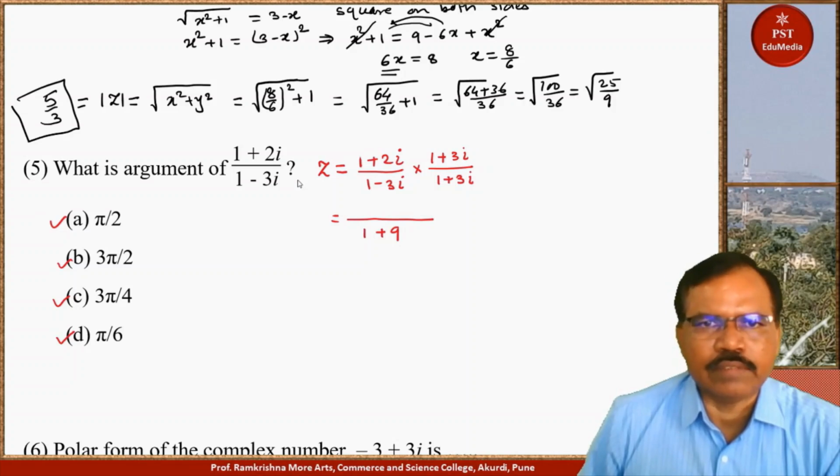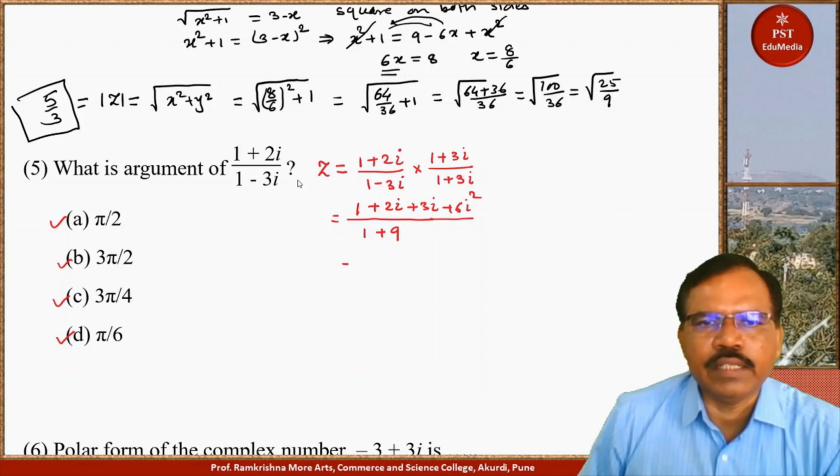1 square plus 3 square, and now 1 into 1, that is 1, plus 1 into 2i, that is 2i, plus 2i into 3i, so plus 3i into what, minus plus 6i square.